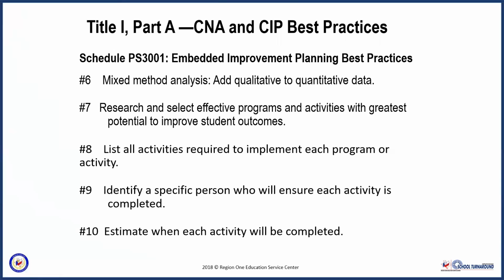List those activities required to implement each program, and then you identify a specific person who will ensure each activity is completed. And then the other thing is, in these program evaluations, or actually in the campus improvement plans, people list out timelines. So that's one of the other things to look at: if you said by this six weeks we were going to have completed this activity, you go back and say, well, was that done?